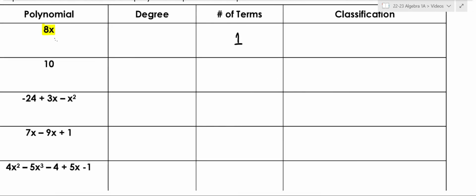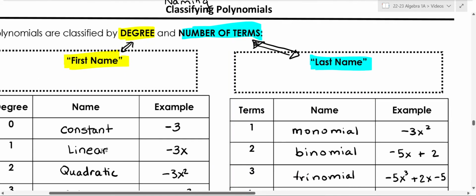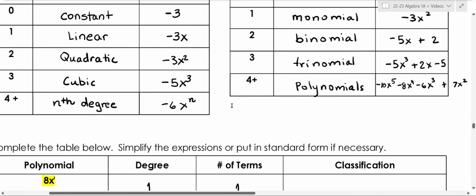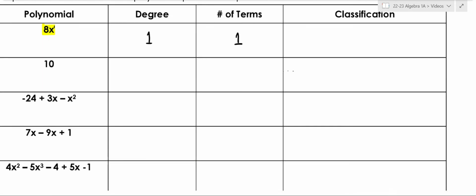Your variable is x, and what's the exponent? 1, so this one's also degree 1. Okay? So when you're degree 1, you're, let's see, degree 1, you're linear. And when you only have one term, you come from the monomials. So this is a linear monomial.